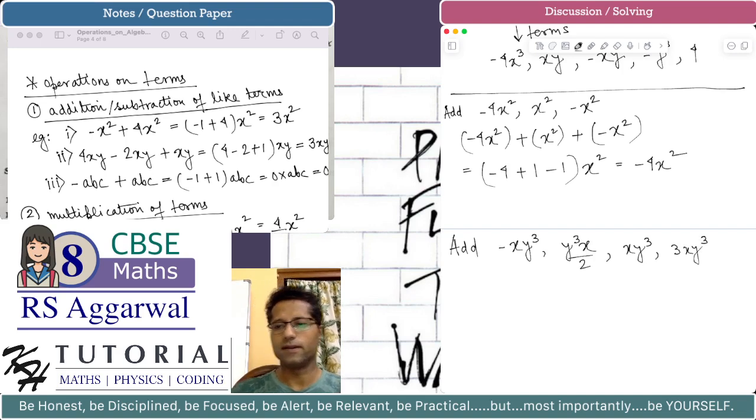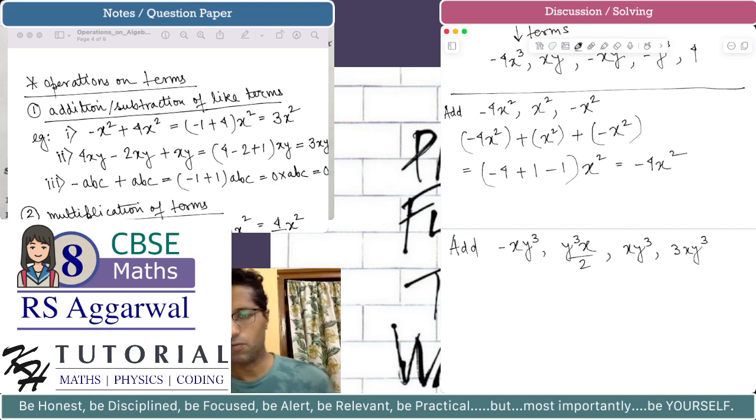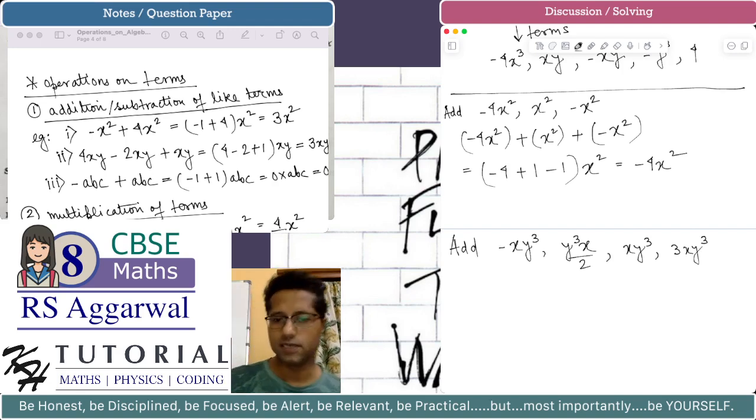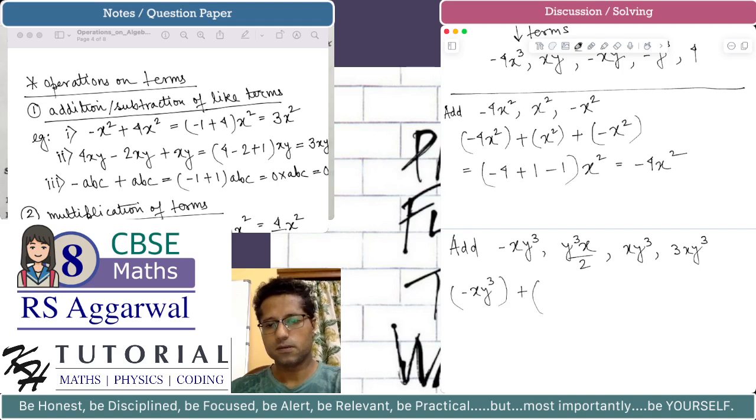These are all like terms with the common literal factor xy cube. When we add the terms, we get this. So this is the addition of all the terms.